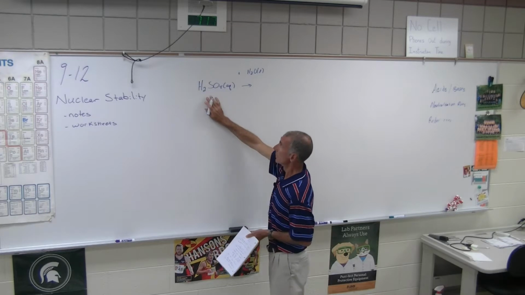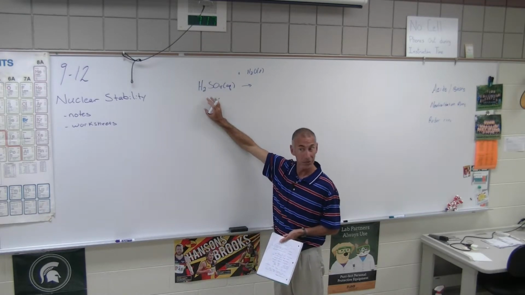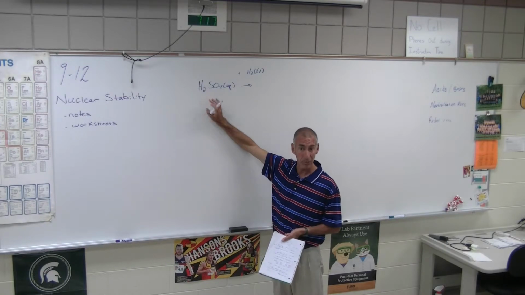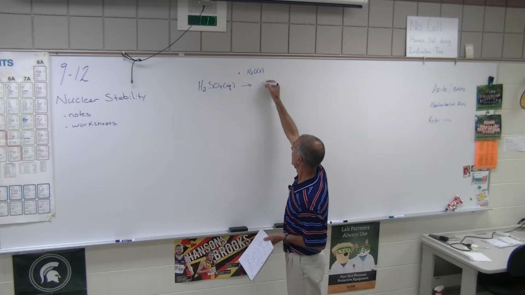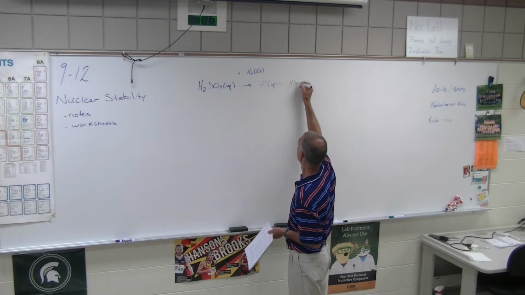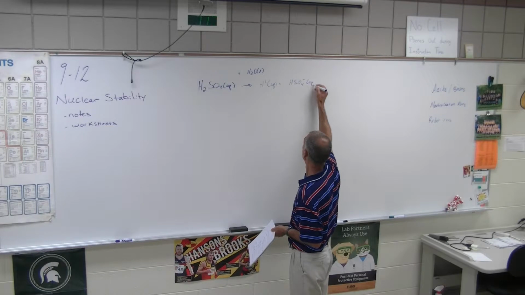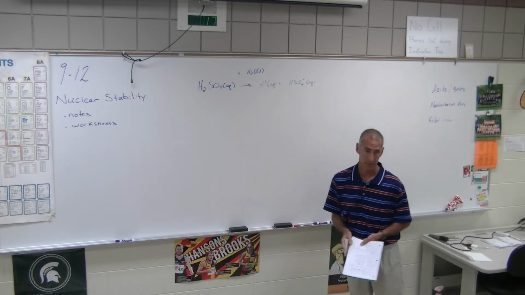Okay, so the thing we have to understand, though, is with acids, it can only deprotonate, ooh, good word, deprotonate 1 proton at a time. So this is going to break down into our hydronium ion and HSO4 negative.